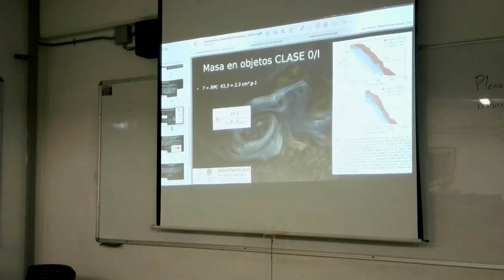But for the class 2 sources, we see that there's an offset. So there, they essentially argue that the ALMA data must be optically thick, so it's underestimating the mass. So that's why they do both ways. It's essentially to check this assumption of optically thin. Yeah, they made that pretty clear in the paper.